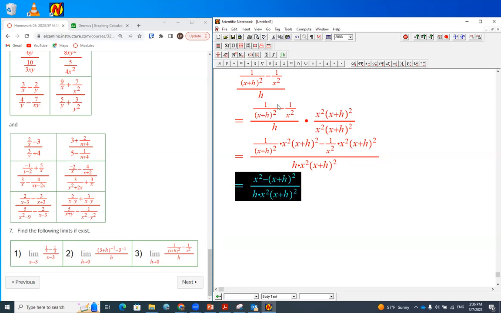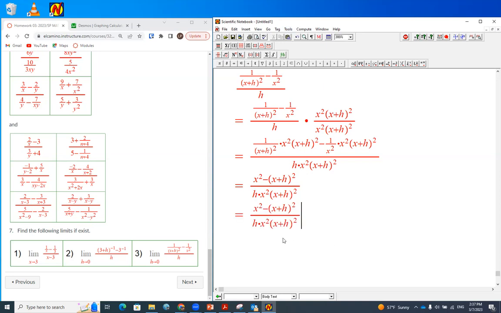And next, we still have a 0 divided by 0 situation here, so we need to continue to reduce.